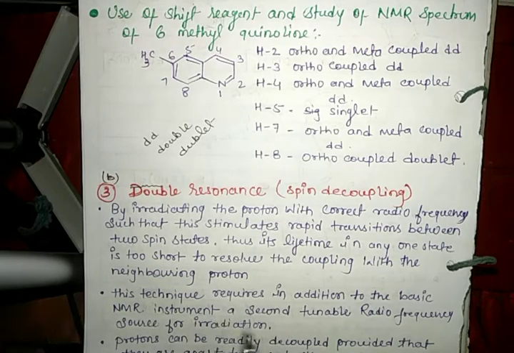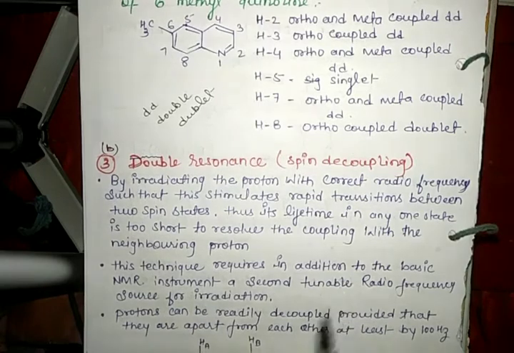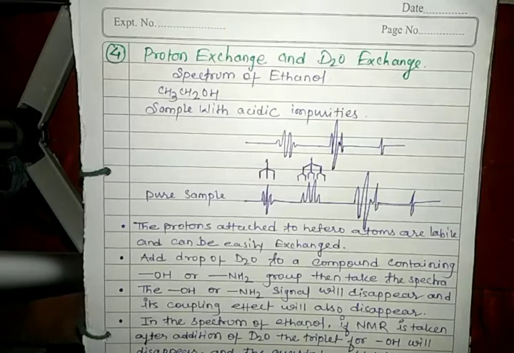This technique requires, in addition to the basic NMR instrument, a second tunable radio frequency source for irradiation. Third point, protons can be readily decoupled provided that they are apart from each other by at least 100 Hz.